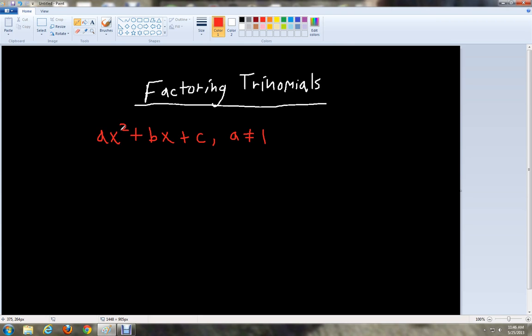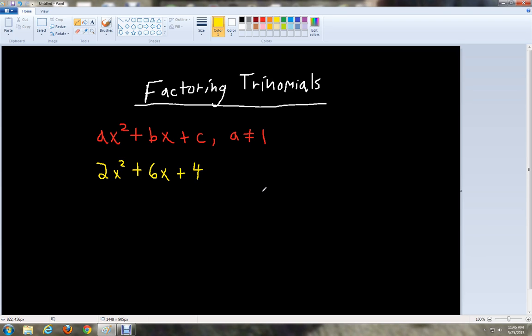So let's take a look at one example, and it starts off with 2x squared plus 6x plus 4. 2x squared plus 6x plus 4.